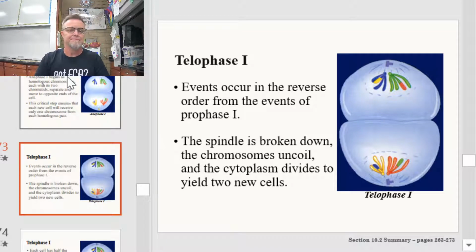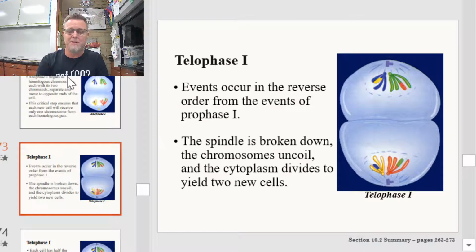Telophase I, opposite of prophase I, basically the cell starts to divide in half, right? That's the cytokinesis piece. The nuclear membrane might reform, and the cell can kind of pause here until meiosis II is needed to produce a gamete.